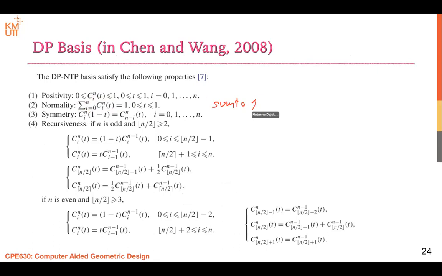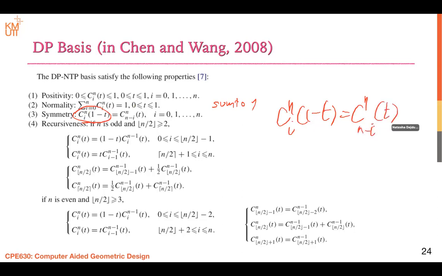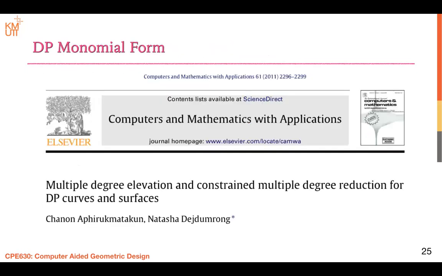And symmetric: C(n,i) (1-t) is equal to C(n,n-i) t, symmetric. And recursiveness: you can write the polynomial in terms of its recursive formula, calling itself. Okay.